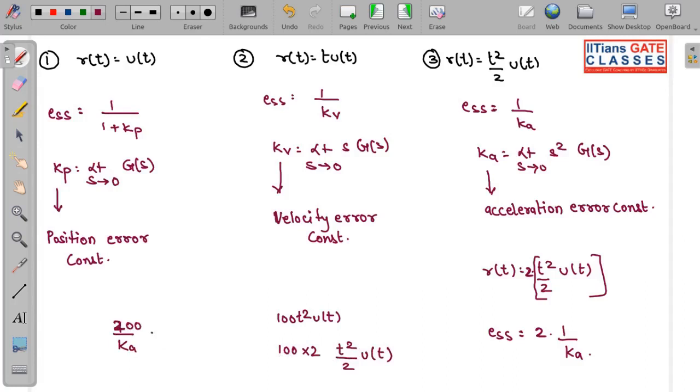Your ESS for this 100 t square u(t) will be 200 by Ka. So this is one very important point that should be kept in your mind. Over here also, if this was 3 u(t), we would have got 3. If it was 4 u(t), we will get 4. All these things should be noted very carefully.